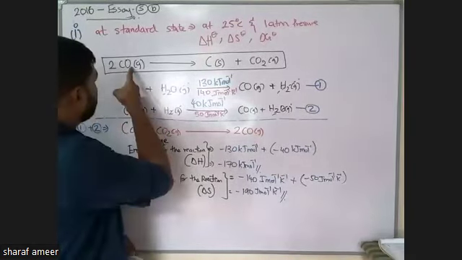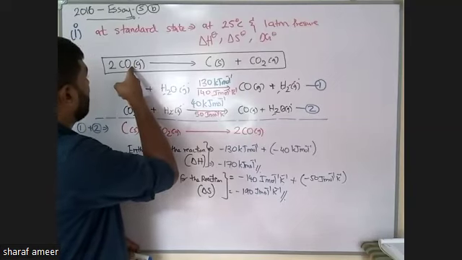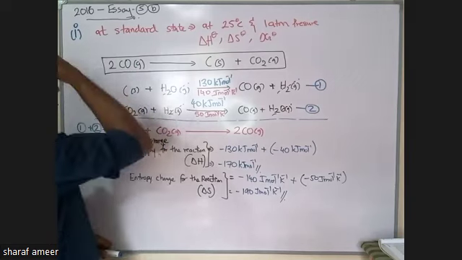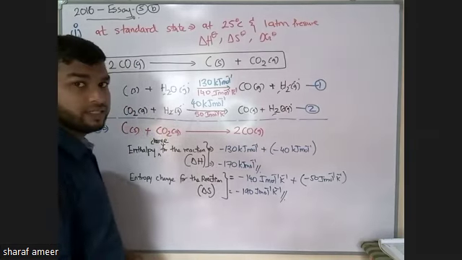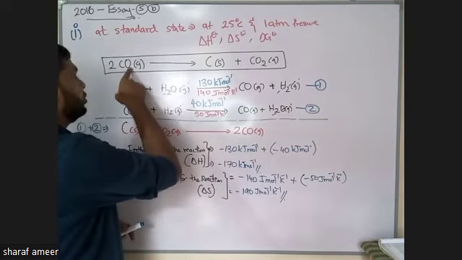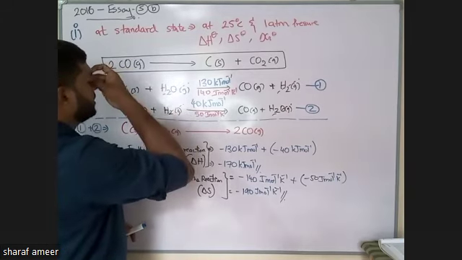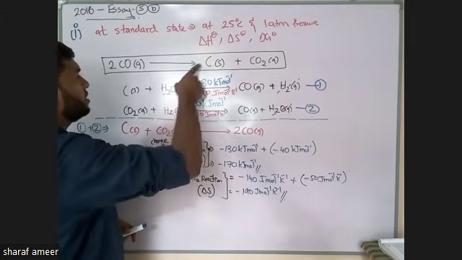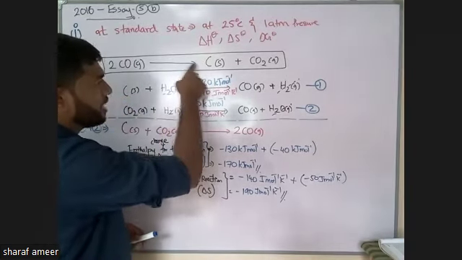Now see here, for example, let's say we had 100 moles of carbon monoxide. Here we had 2, right? During the reaction process, 50 moles was distributed for the carbon solid.